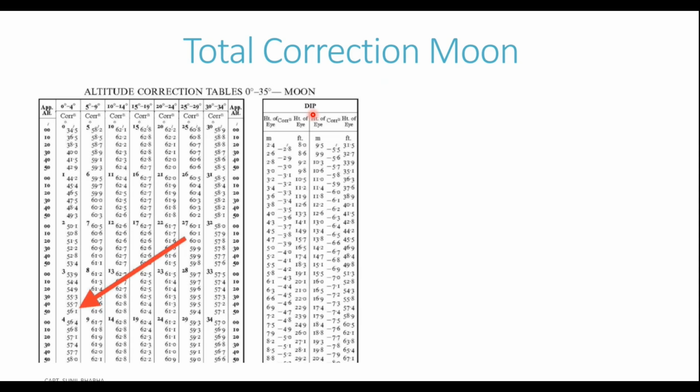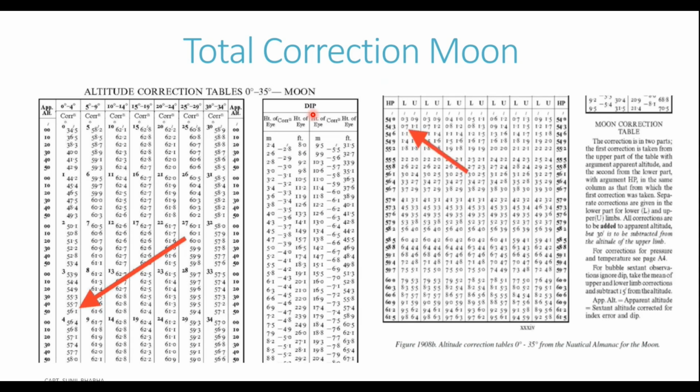Now let's see the bottom part of the table. You can see the bottom part of the table here. The same column which you entered from top, you go down into the same column for picking up the HP correction in the bottom part.